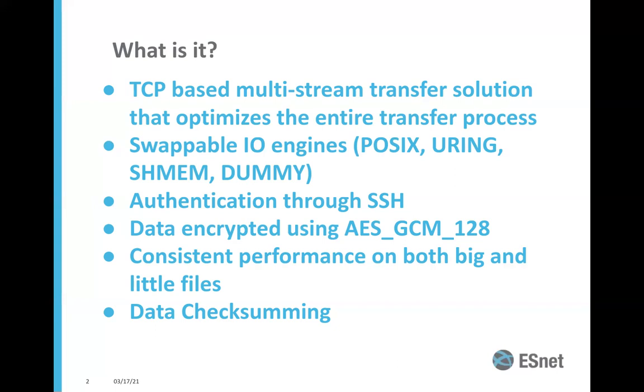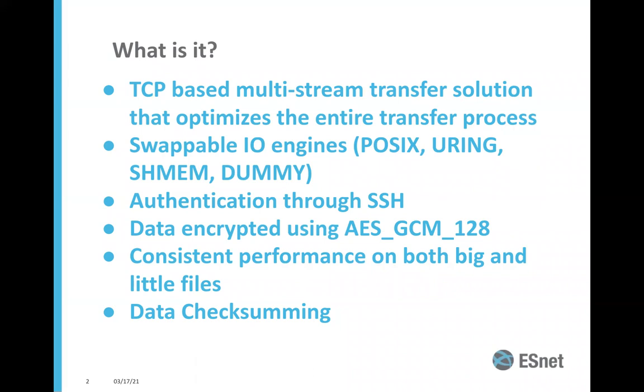So if you are doing a transfer on a single SSD, choosing URing as your engine will typically improve performance up to the performance limits of your SSD, whereas POSIX will typically be 80 to 90% of your SSD performance for large files.